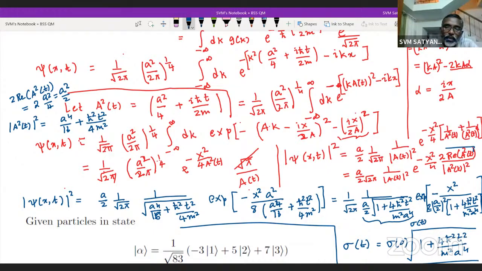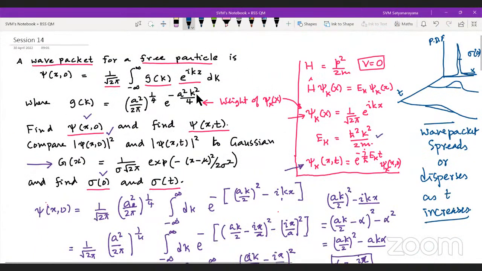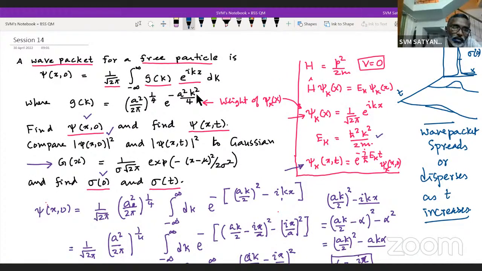You can do the same thing by comparing this expression with the Gaussian. Then your sigma k at 0 will become 1 by a, right? So when you ask what is sigma k 0 and sigma of 0, one is for x and one is for k, this is like delta k delta x.